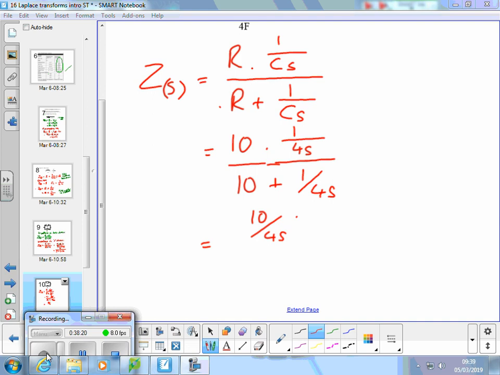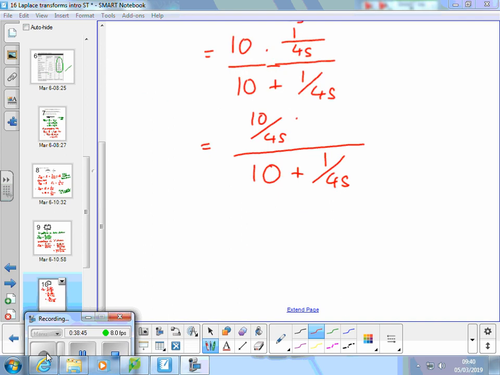No, the 10 is divided not just by 4, but by s as well. How could we manipulate that?